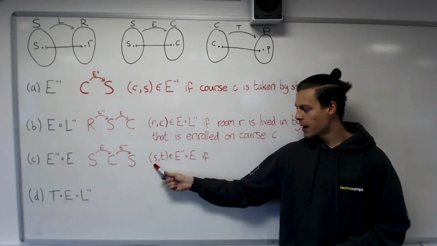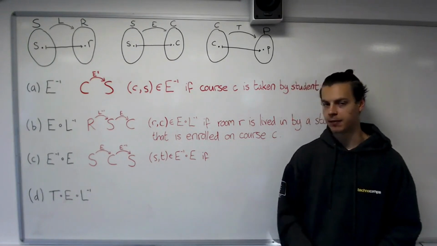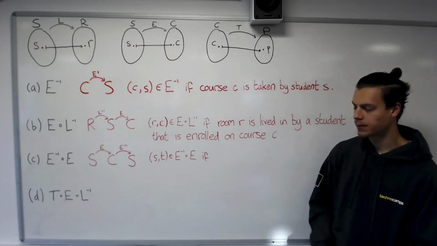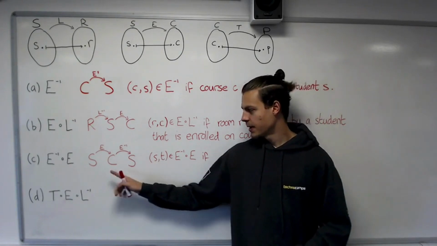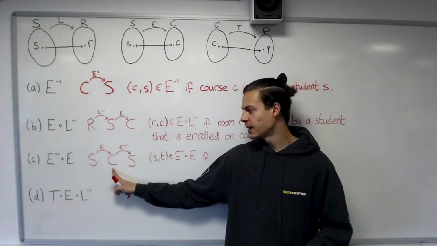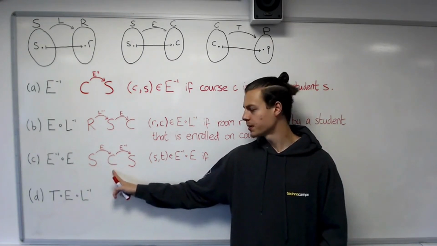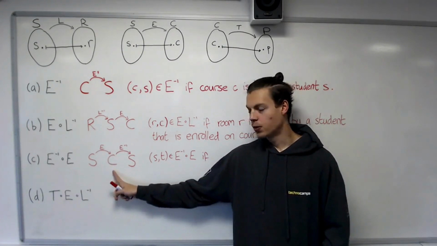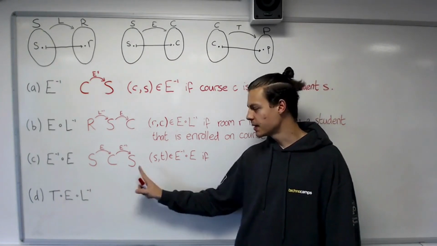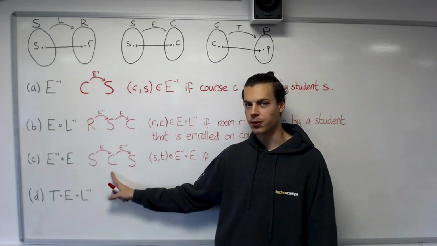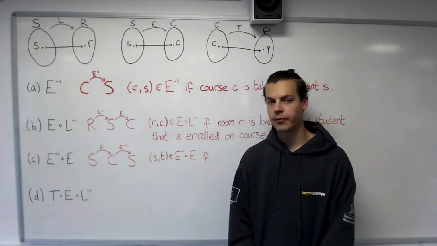Now, when is a pair of students in this relation? Student S is related to an element in C if the student is enrolled on that course, let's say course C. And then student T is related to course C if T is enrolled on that course.